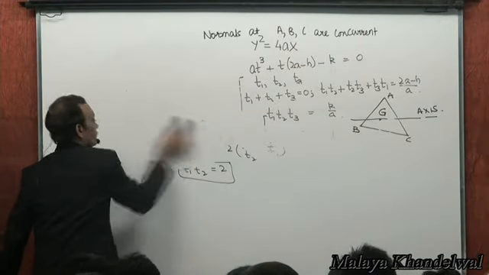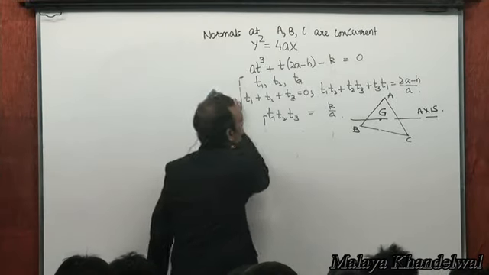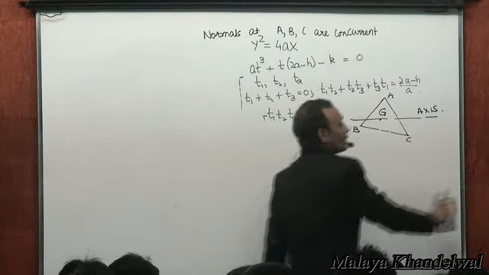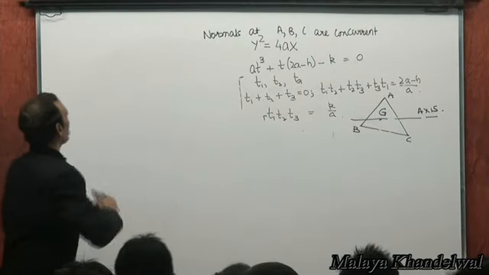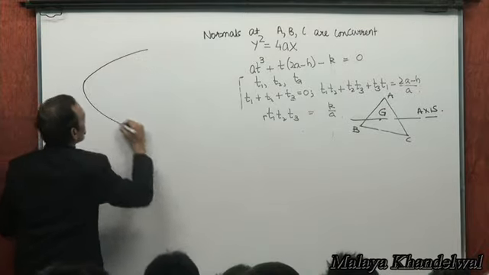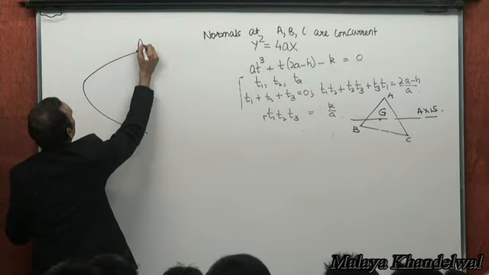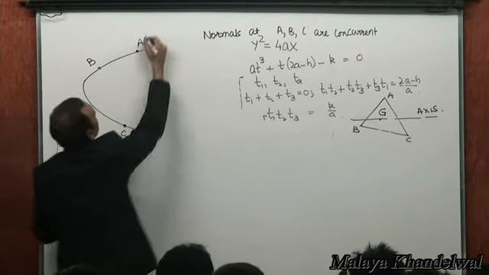Now, look, suppose there are 3 co-normal points on the parabola. A, B, C are 3 co-normal points.